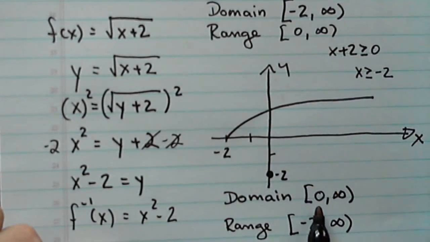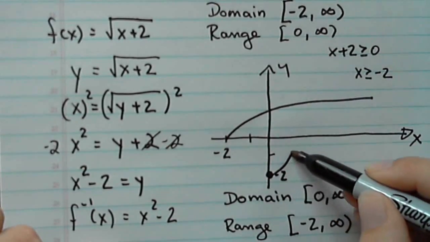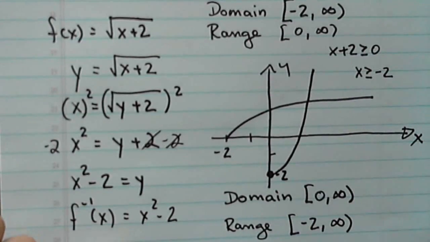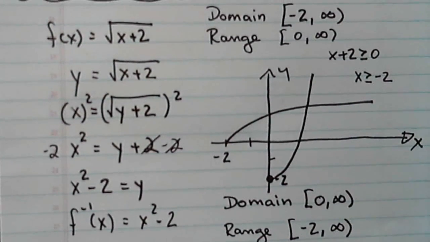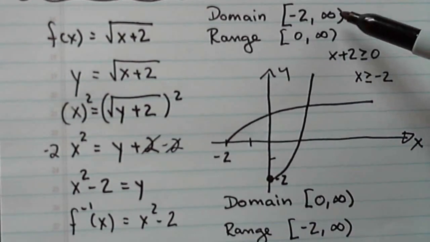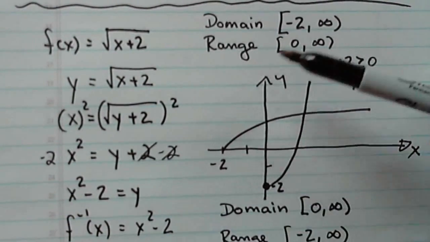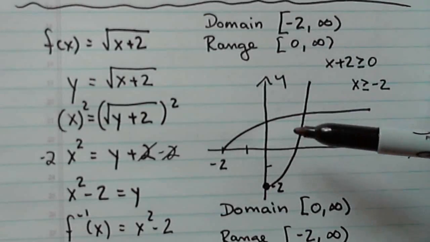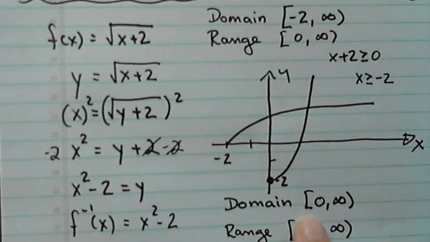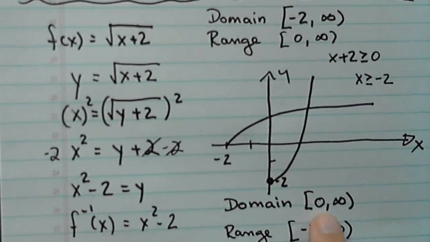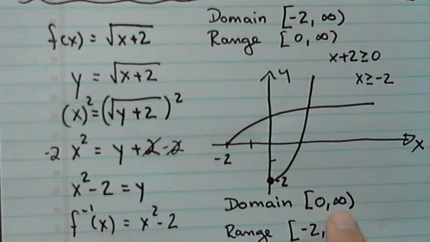My domain starts at 0, and since the parabola looks like that. Here we go. So, when we have the domain and range of the original function, the inverse domain and range are switched. And therefore, automatically, we only look at one part of our parabola.